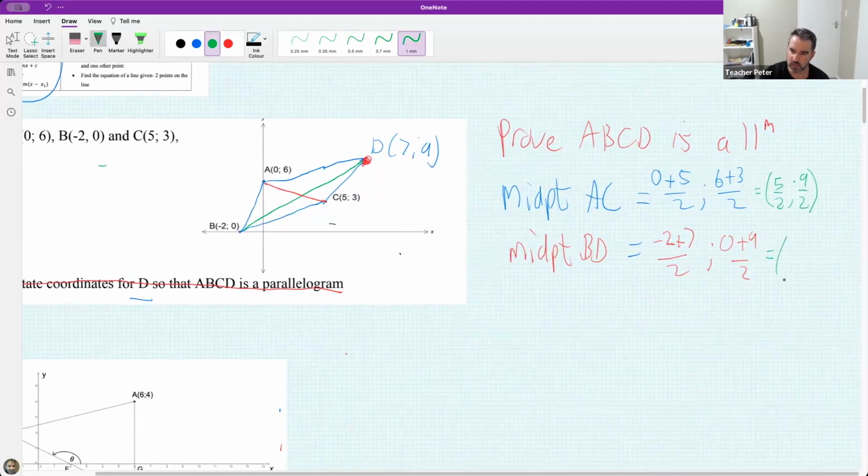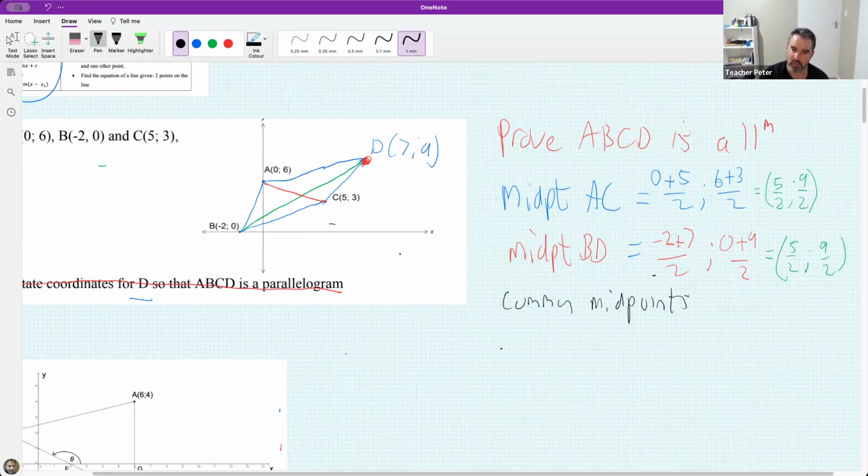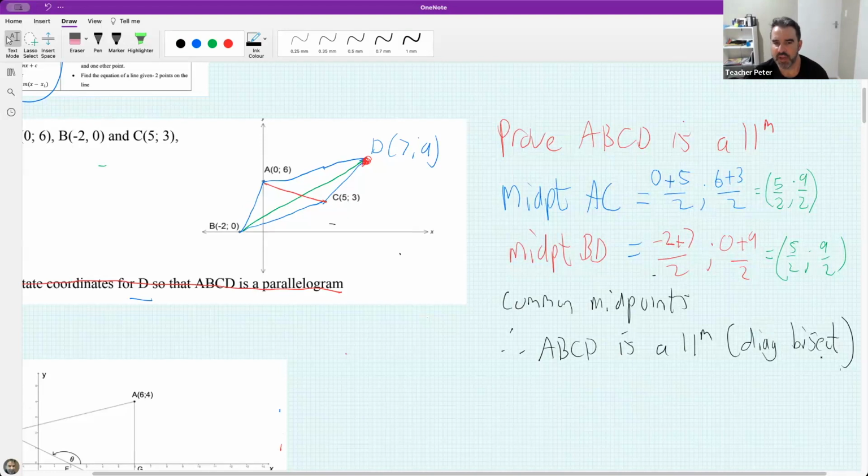Interesting. Okay, so I see that there's a common midpoint, which is (5/2, 9/2).